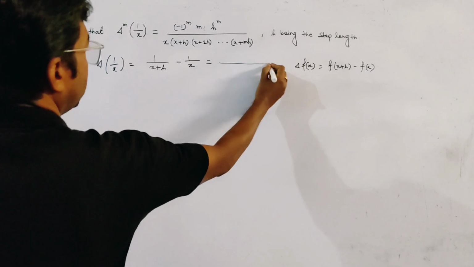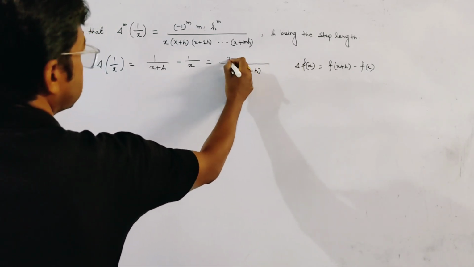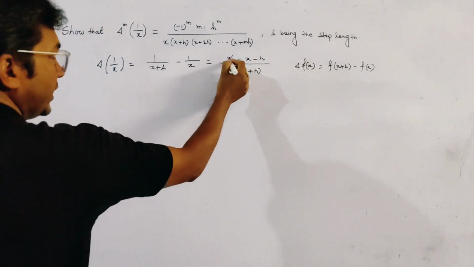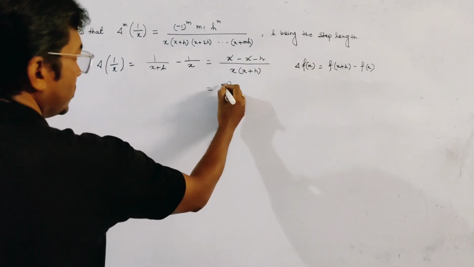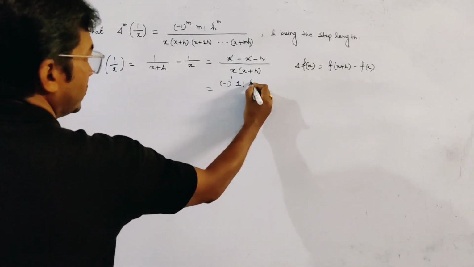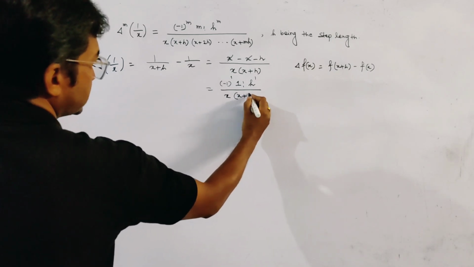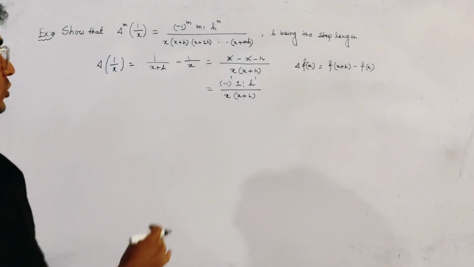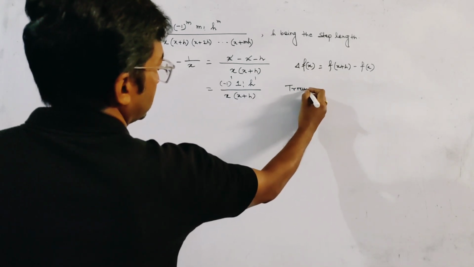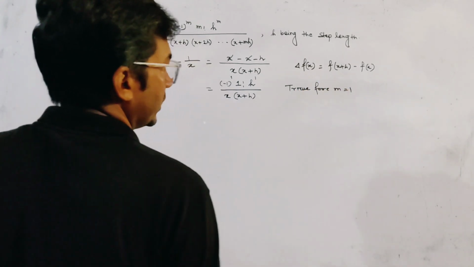Now taking LCM, we get x minus x minus h over x into x plus h. So we get minus 1 to the power 1 into 1 factorial into h to the power 1 by x into x plus h. So the given relation is true for m equal to 1.